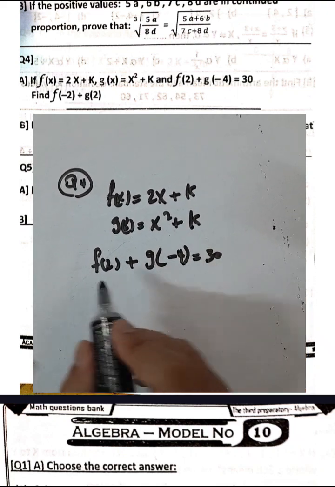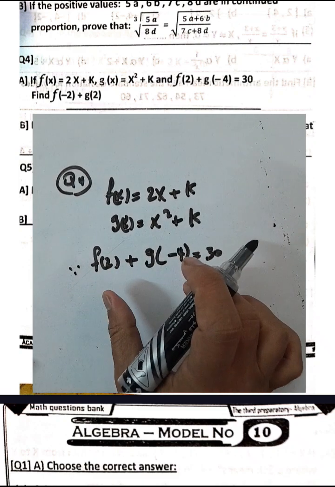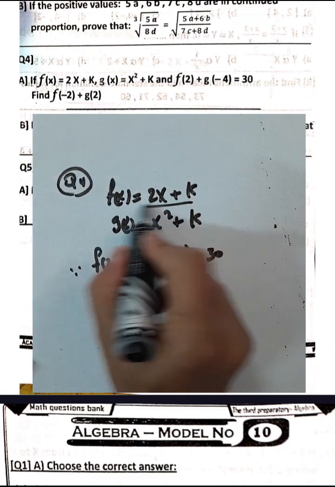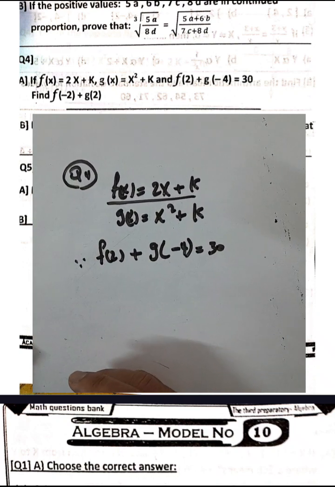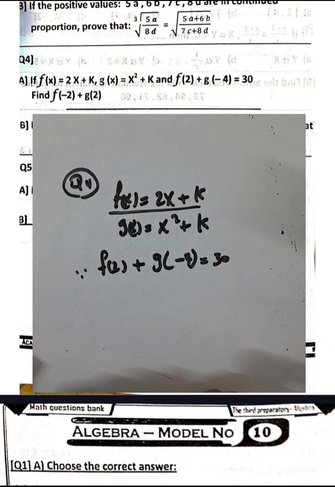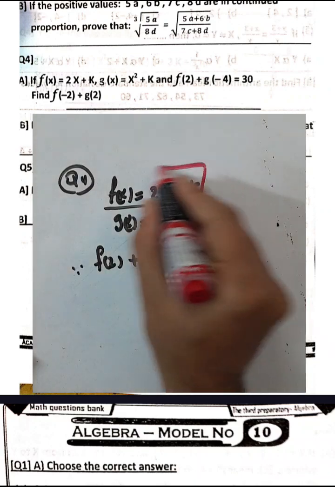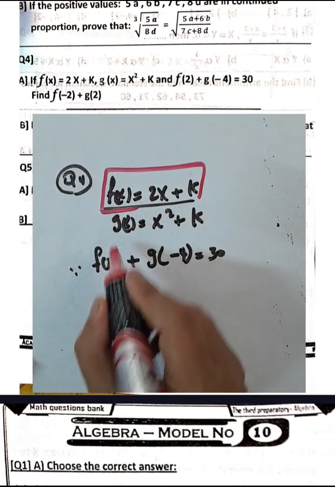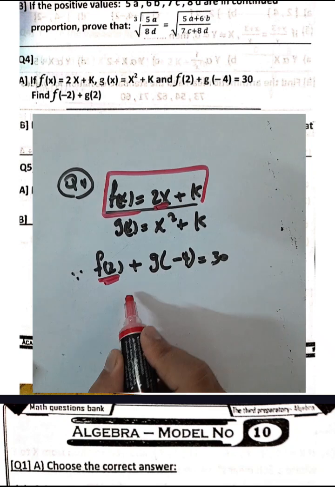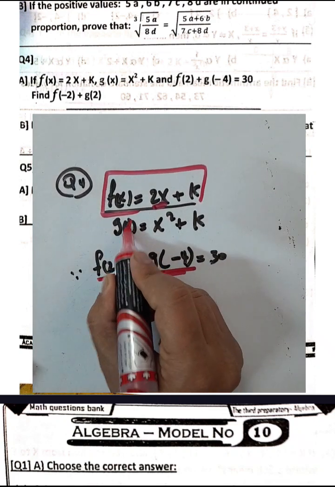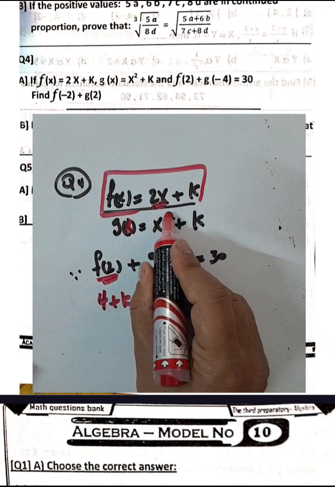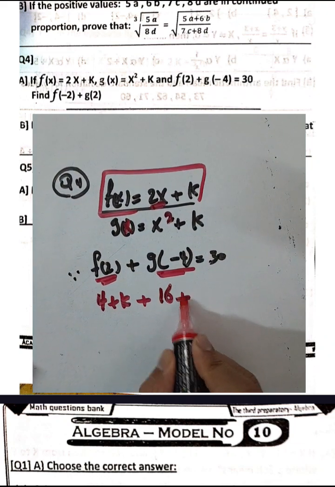Okay, first I will put x equal to 2 in this relation. Pay attention with me about the steps here. Then f of 2 equals what? 2 times 2, it will be 4, and write k, plus this function here, put x equal negative 4. Negative 4 power 2 will be 16, plus k equals 30.